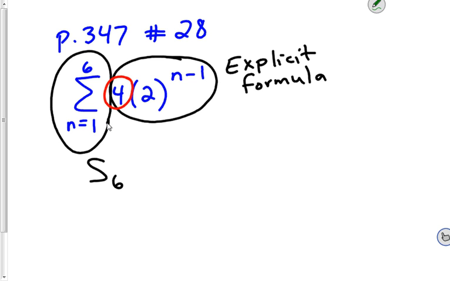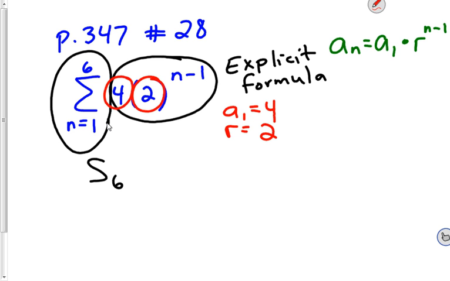Remember, let me jot this up here. Explicit formula: a sub n equals a sub 1 times r raised to the n minus 1. Well, that's what they're doing. The 4 is the a sub 1, so we know a sub 1 equals 4. And r, the common ratio, is 2, so r equals 2. So you have to be able to pull that information from reading the math, right?